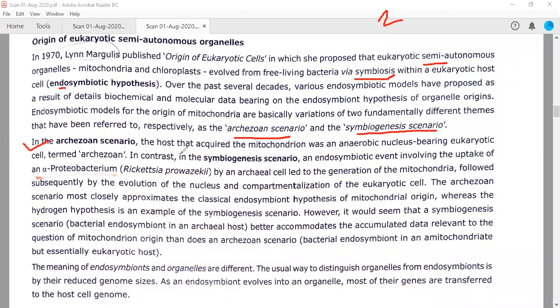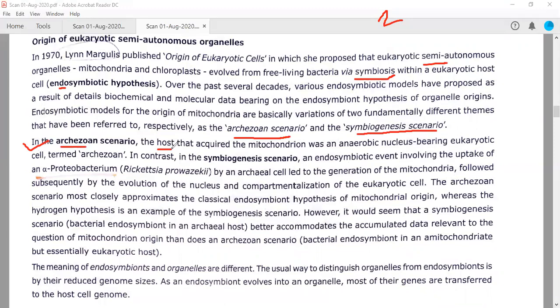The Archezoan scenario is based upon the hypothesis called the hydrogen hypothesis. I will tell you the hydrogen hypothesis also. In this case, because this is Archezoan, an archaea related term, you can understand that the host in this case is an archaea. As we had discussed, three domains of life.